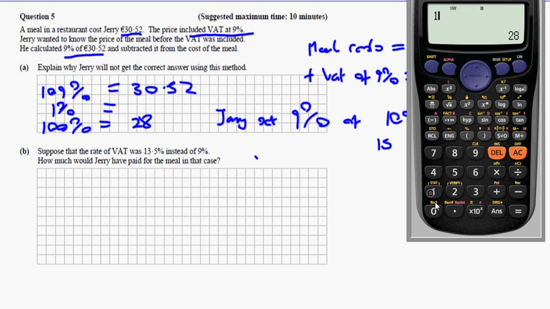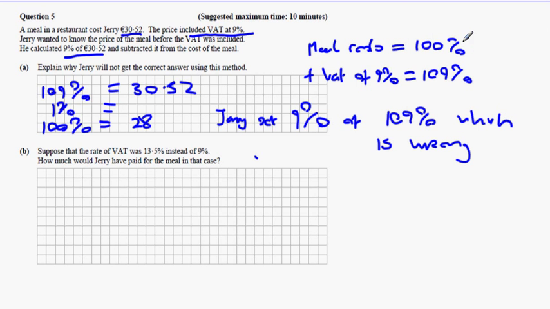So if we got 109 and got 9% of that, he got basically 9.81% of the entire meal. So he calculated 9.81% instead of 9.